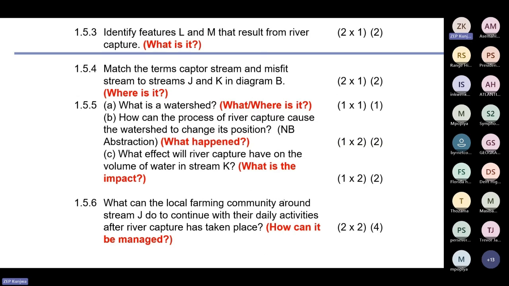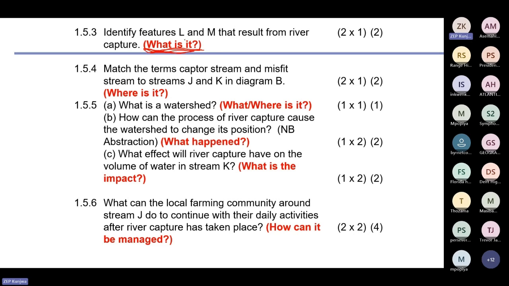Can you please note, learners, these red questions in brackets? Remember, in geography, we have your 5 questions: What is it? Where is it? What happened? And other questions, the impact and the solutions. This is very important because no matter how examiners ask you, they will actually be asking these questions.